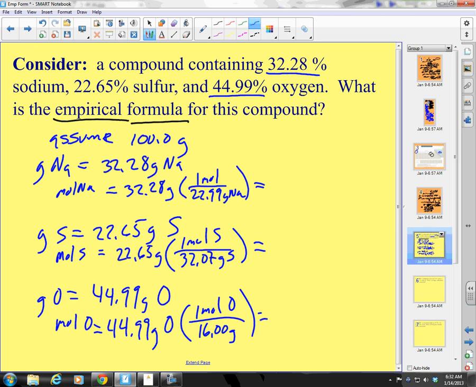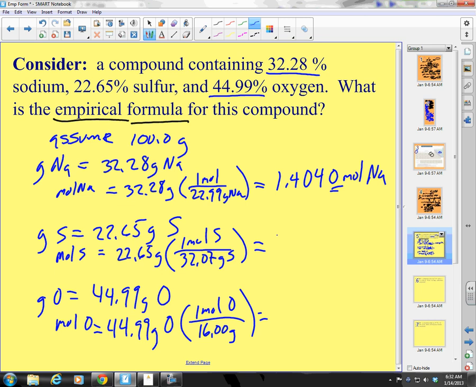Let's do the numbers. 32.28 divided by 22.99. And what do I get? I get 1.4040 moles of sodium. I'm going to carry that guy through. Okay, 22.65 divided by 32.07.